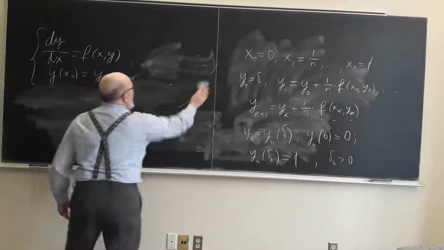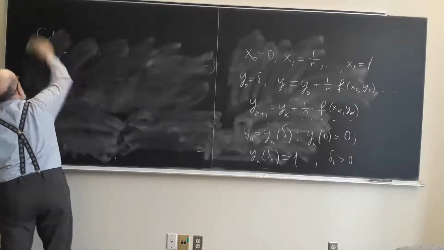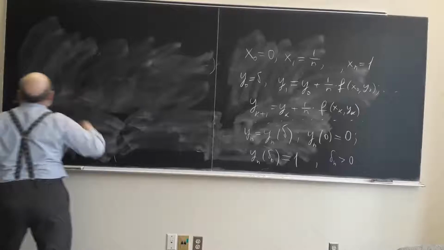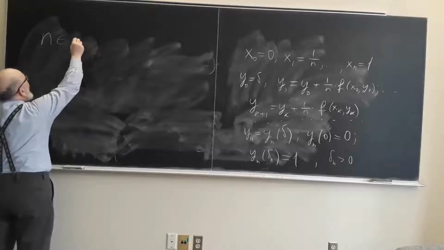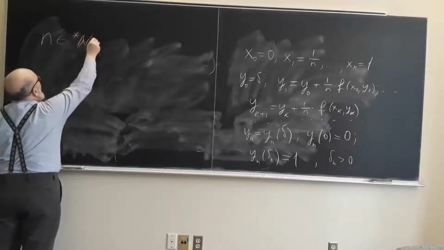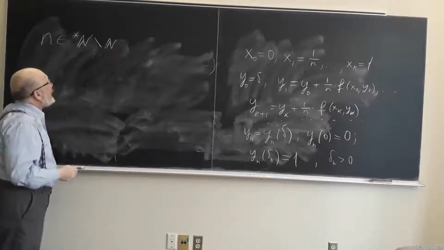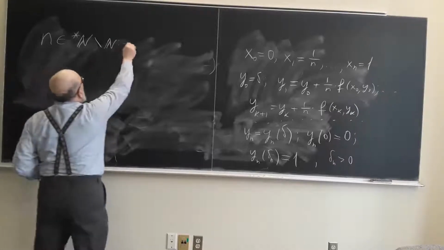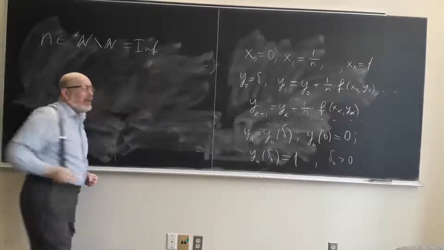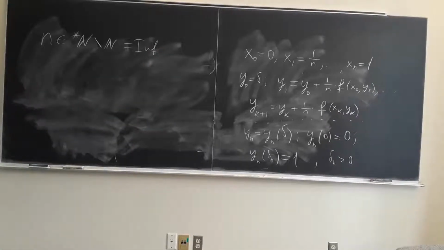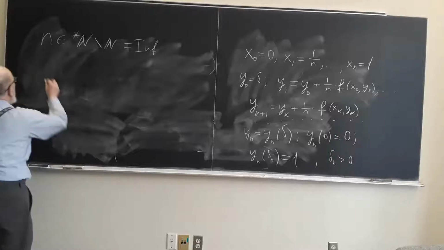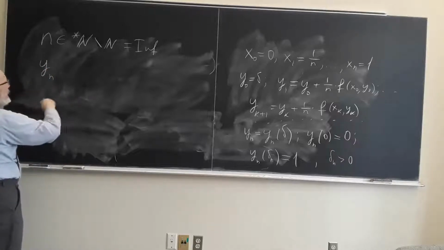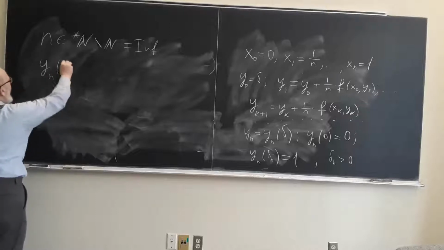And now what happens if you pass to the non-standard situation? So n now belongs to star N minus N. Instead of writing this all the time, let me call this inf. Inf is the set of infinite integer numbers. So if n is in inf, then you have the function yn of delta.